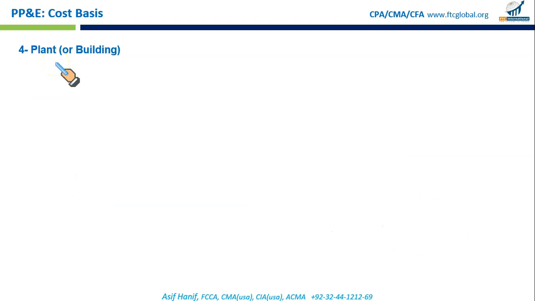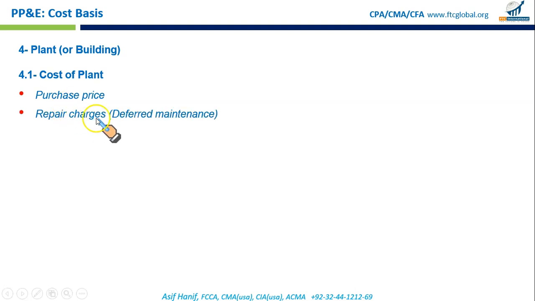Next we have plant or building. Please note the cost of plant or building includes all the expenses incurred to acquire the asset and make it ready for use. And it includes what? Purchase price, the amount paid to acquire the property or plant. Repair charges, deferred maintenance means any repairs that the previous owner neglected, which you now need to cover.